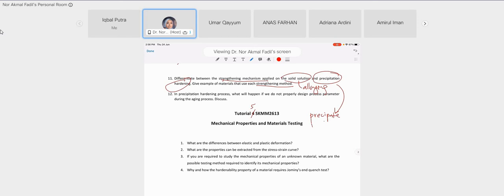The precipitates are a dislocation barrier, but alloying is about foreign atoms. Foreign atoms are also a dislocation barrier.